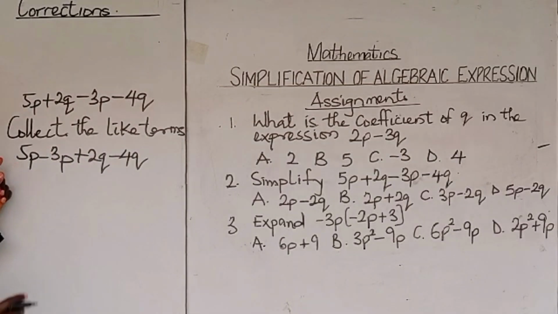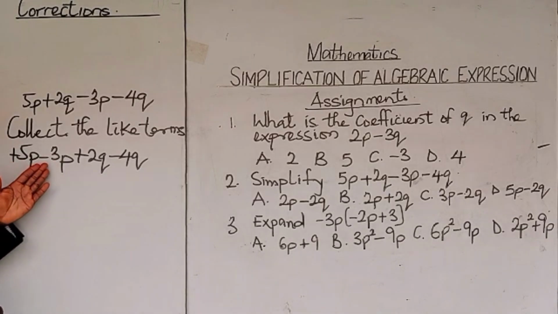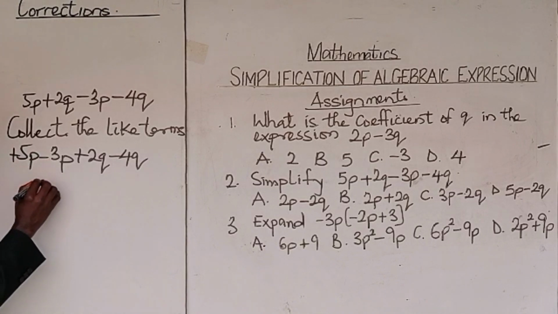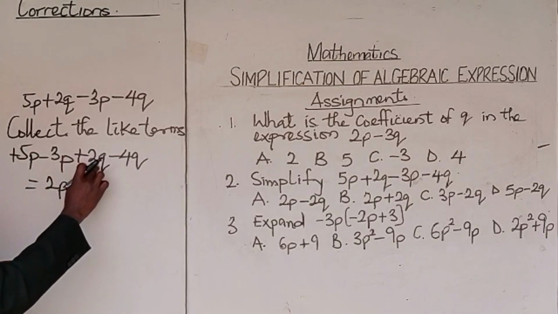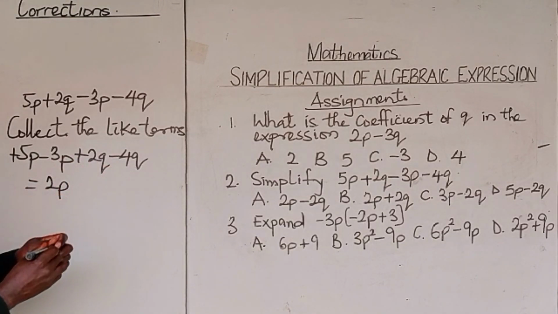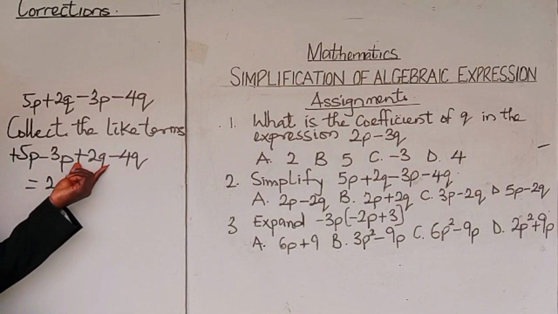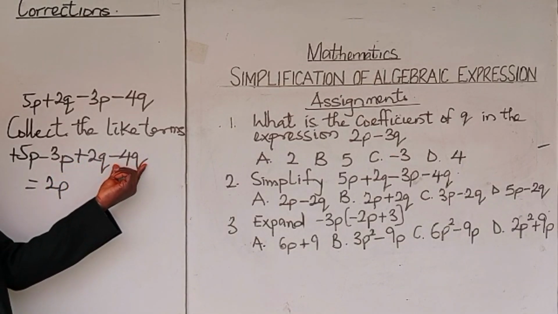Now what are we going to do? This is plus 5p minus 3p. That is to say that I have up to 5p with me, but I'm owing 3p. So if I link up this and this together, I pay out of this 5, I pay this amount that I'm owing. Then I'm going to have 2p. Plus 2q minus 4q: this implies that I have 2 with me, but I am owing 4q.